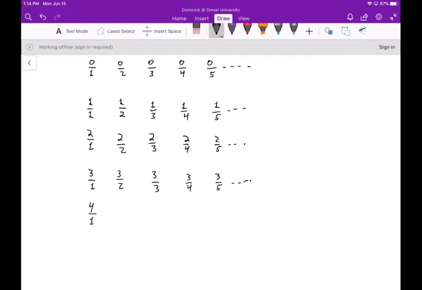All right, and we'll do 4 and 5, and then we'll explain the argument. Okay, and then 5 over 1, 5 over 2, 5 over 3, 5 over 4, 5 over 5. And of course, these also go down this way now.